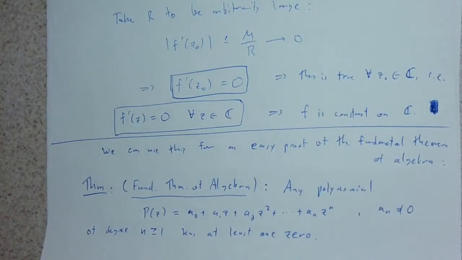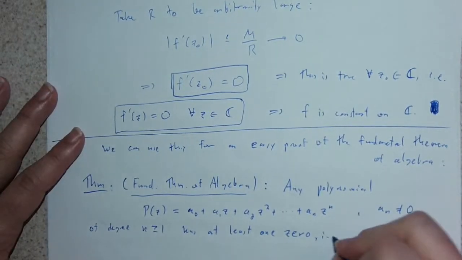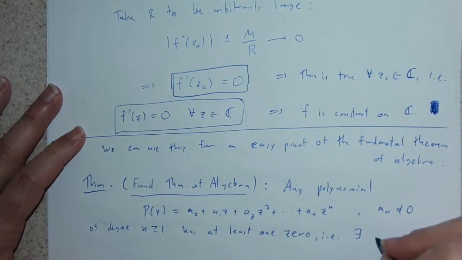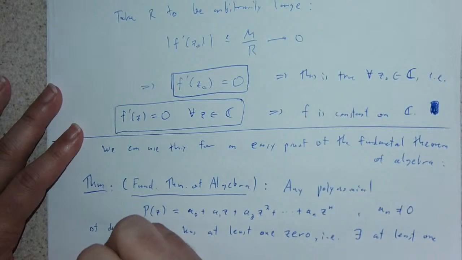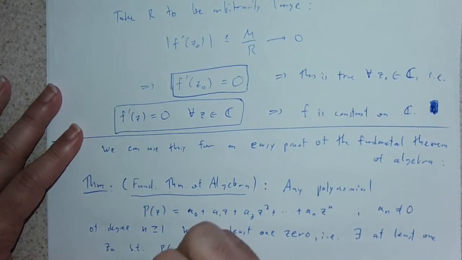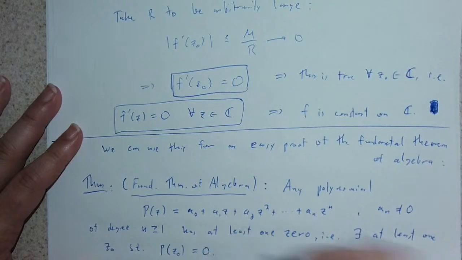So it has at least one root, i.e. there exists at least one z0 such that P of z0 is equal to 0.